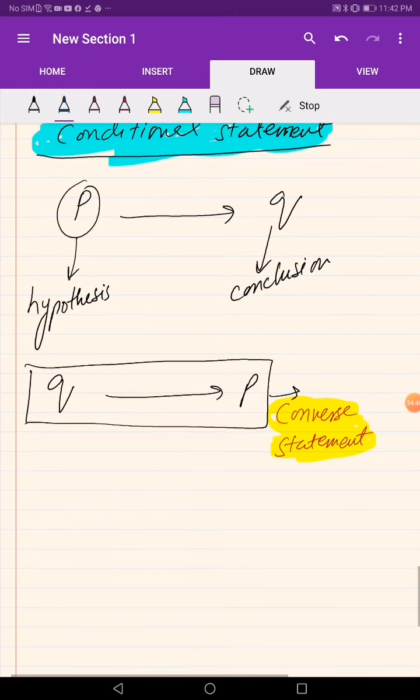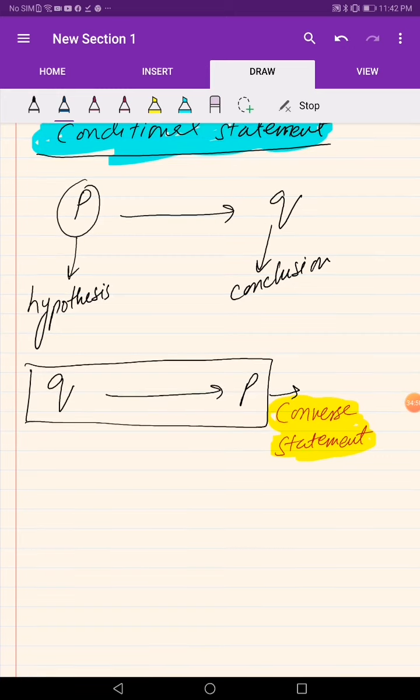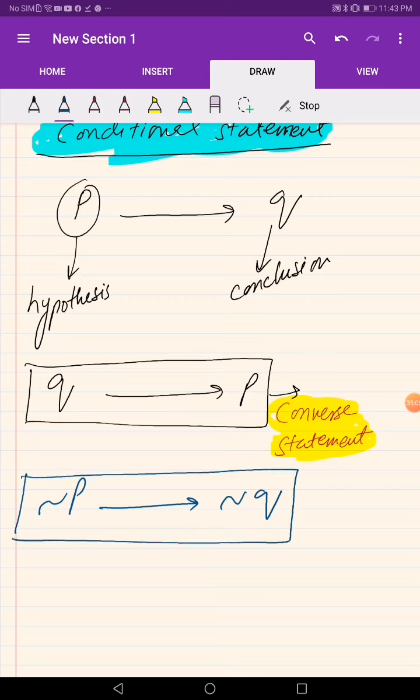Yes, one more thing. We have heard a lot about the inverse statement. Inverse means not P, using the similarity symbol that in mathematics we also use for not, so not P then not Q. This is called the inverse statement.